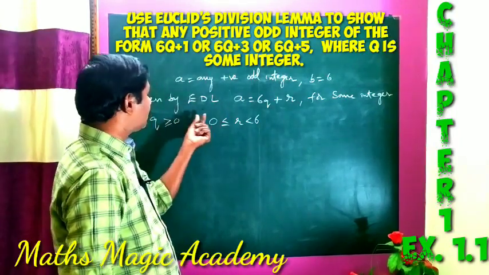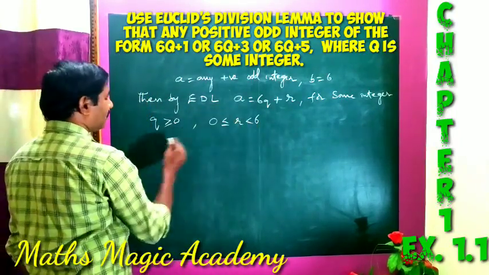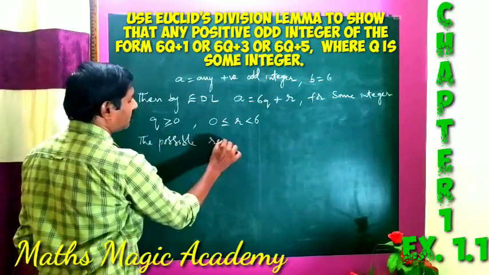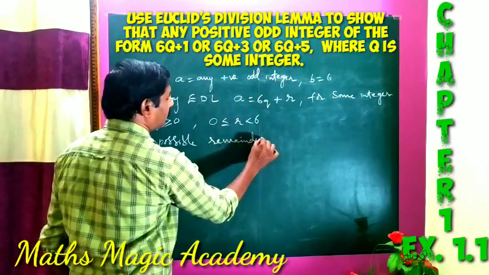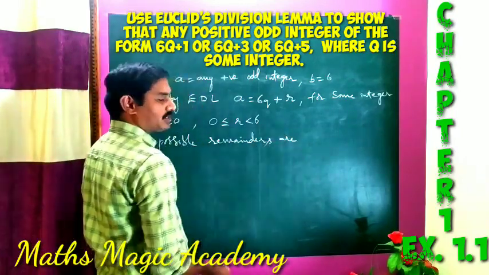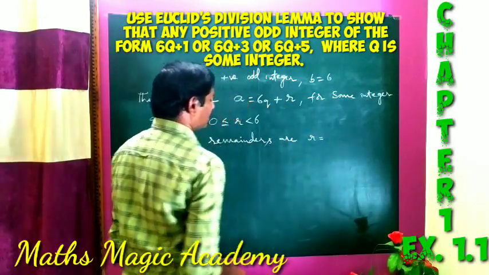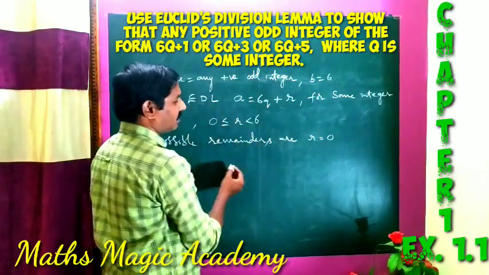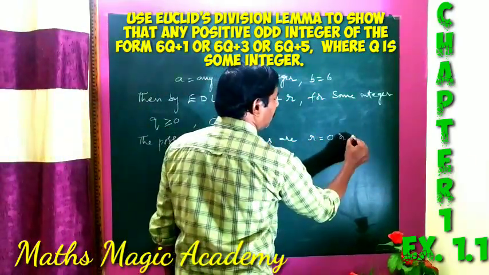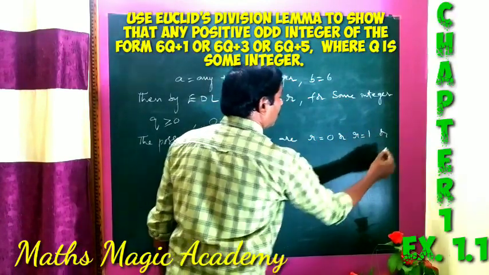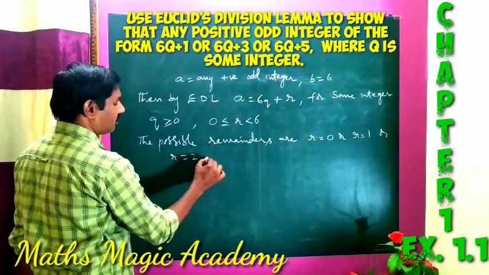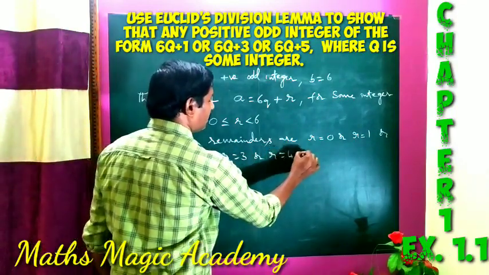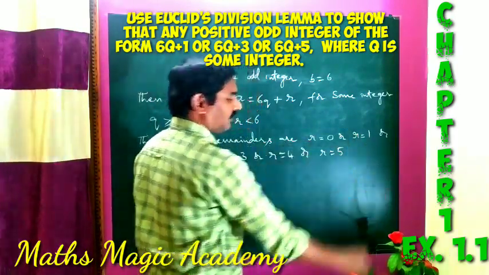So according to this Euclid's division lemma condition, the possible remainders are r from 0 to below 6, that means 0 to 5. r equals 0, or r equals 1, or 2, or 3, or 4, or 5.